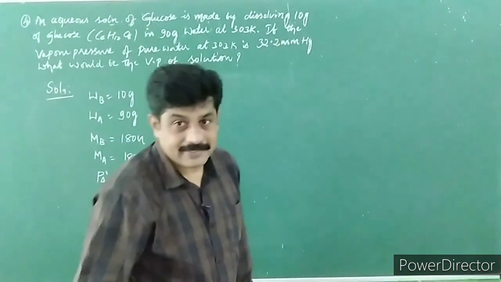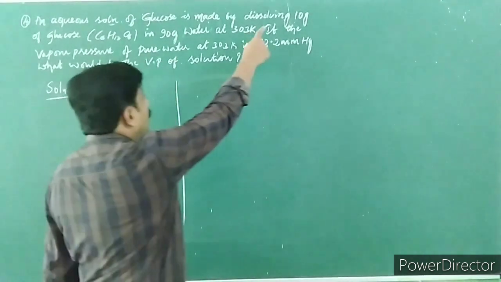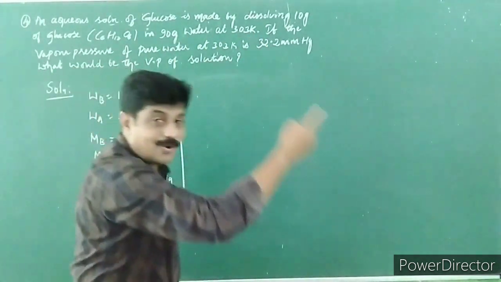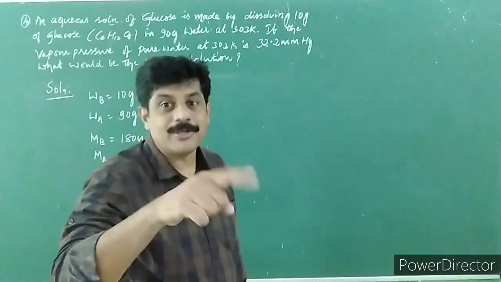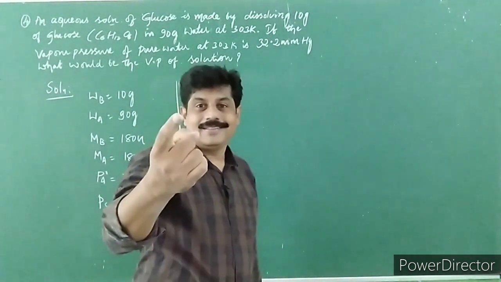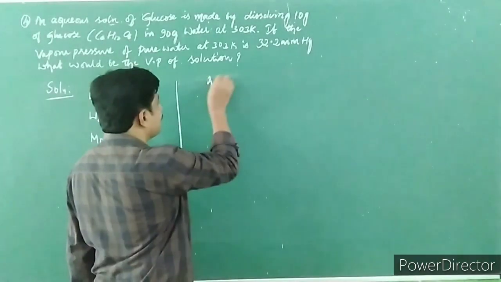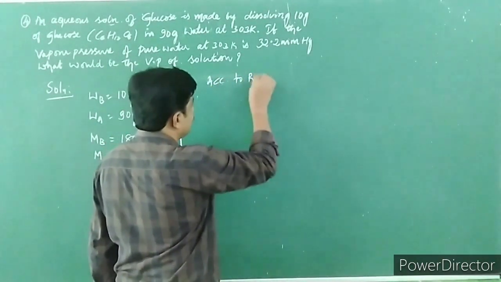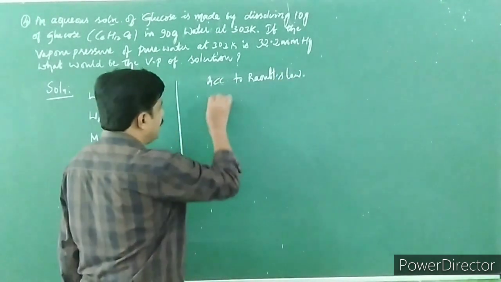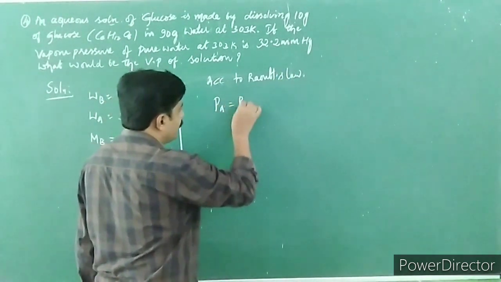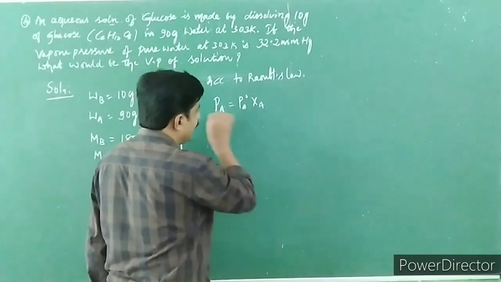Children, understand that a non-volatile solute is dissolved in a volatile solvent. That means, according to Raoult's law, you can write PA is equal to PA naught into XA.